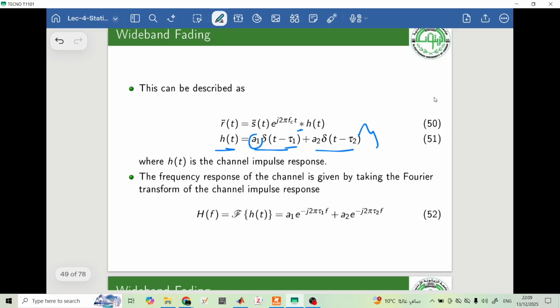Similarly, the second path, as we said earlier, will cause an attenuation of A sub 2 and a delay of tau sub 2. So we can take the Fourier transform of this channel impulse response, which will give us the channel frequency response here. So we have again two components, which are now two complex exponentials.